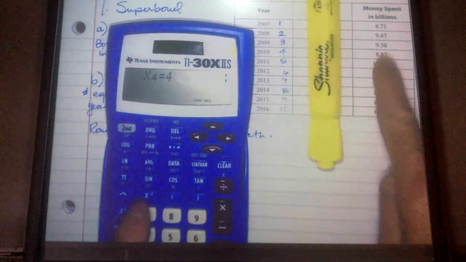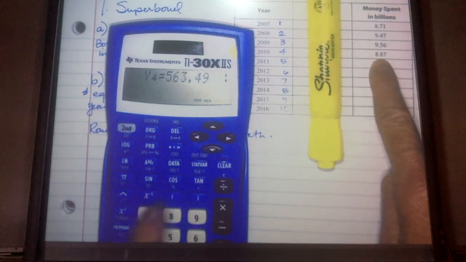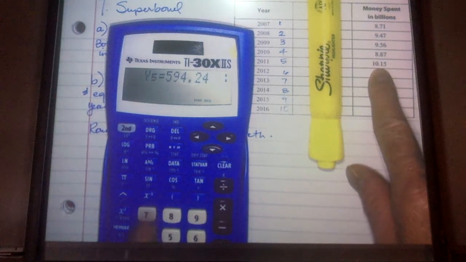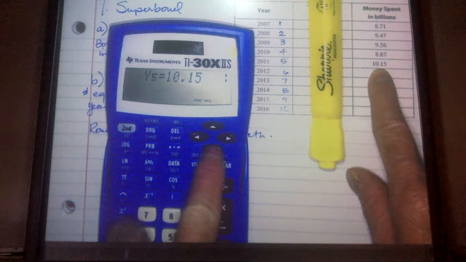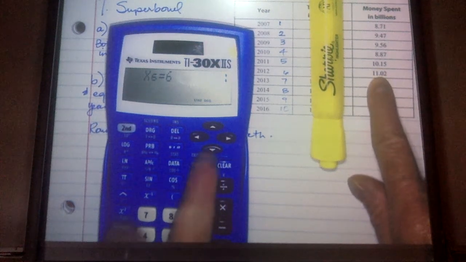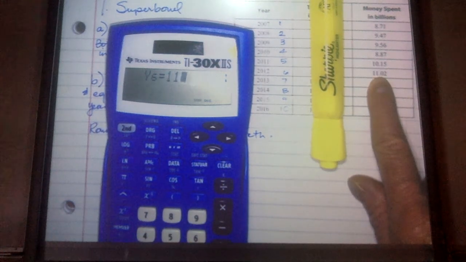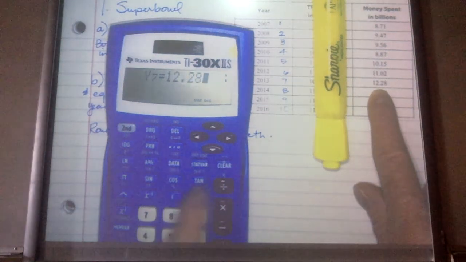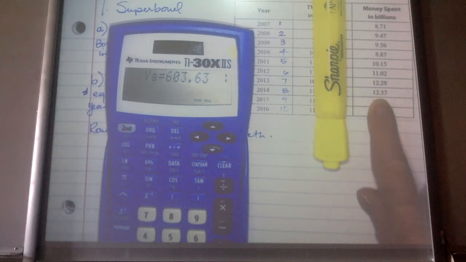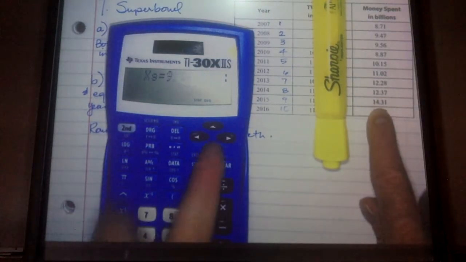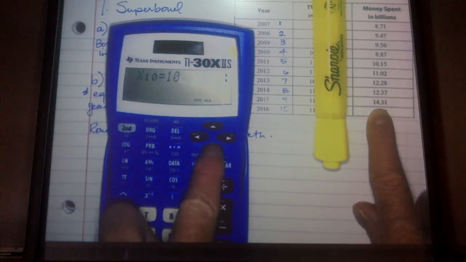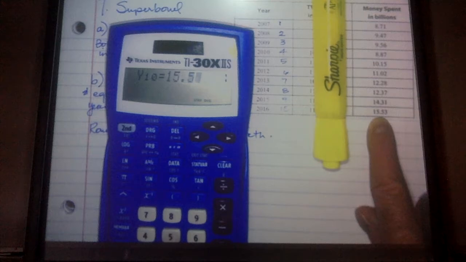Year 4, I have 8.87. In year 5, I have $10.15 billion on advertising. That's crazy. In year 6, I have 11.02. In year 7, 12.28. In year 8, 12.37. In year 9, 14.31. And in year 10, 15.53.